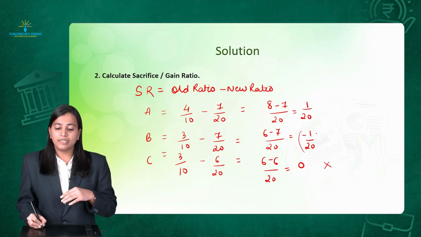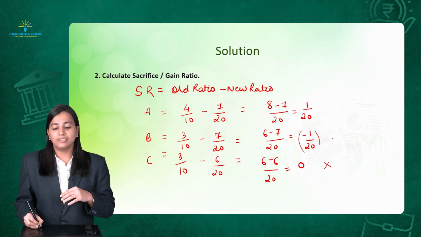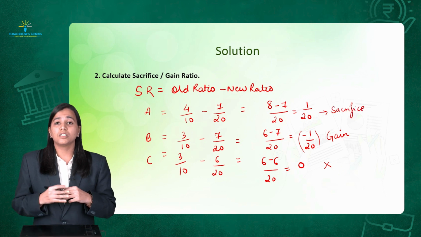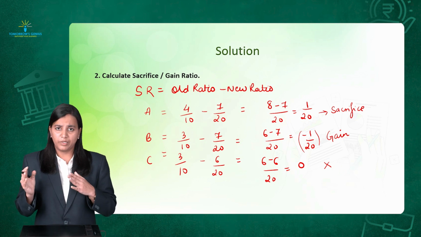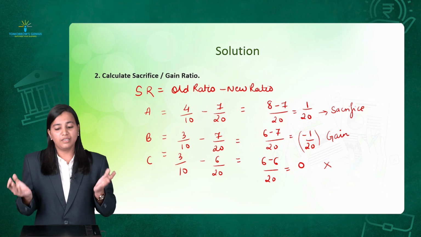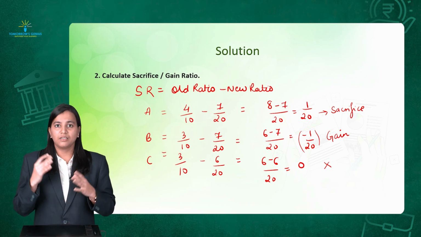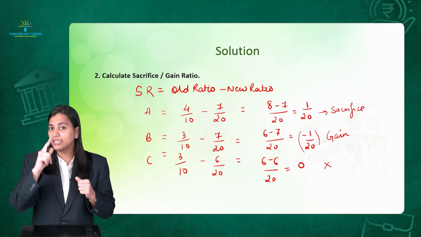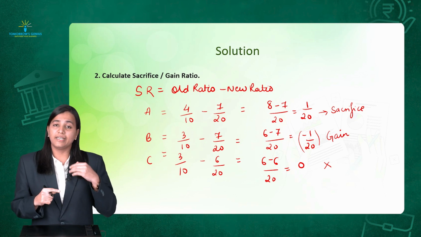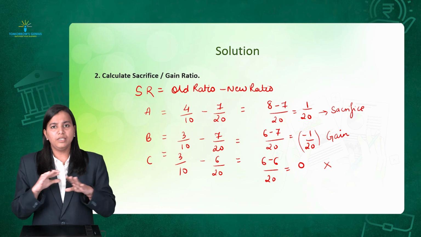And we have got a negative answer for B, so can I say B had gained and A had sacrificed? So whose account will be debited and whose account will be credited? A's account will be debited, B's account credited? No. B's account will be debited because he is gaining. The gaining partner's account has to be debited and the sacrificing partner's account will be credited.